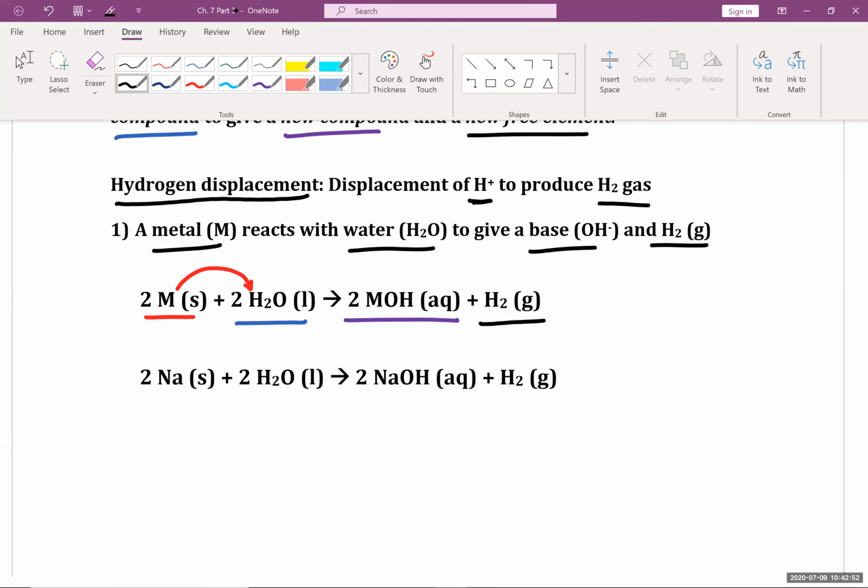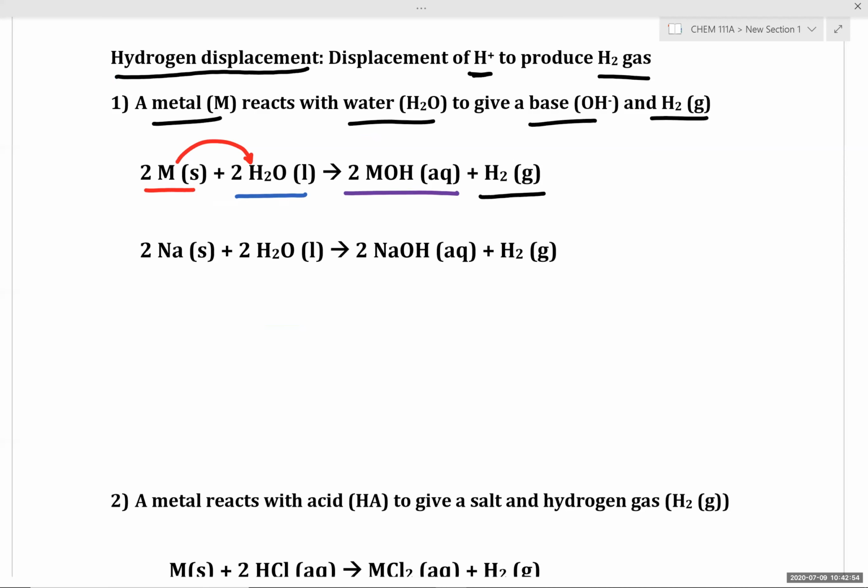Let's look at another example of a hydrogen displacement. If we take calcium solid and we place it in water, what product hydroxide will we get? Calcium hydroxide. Exactly right.